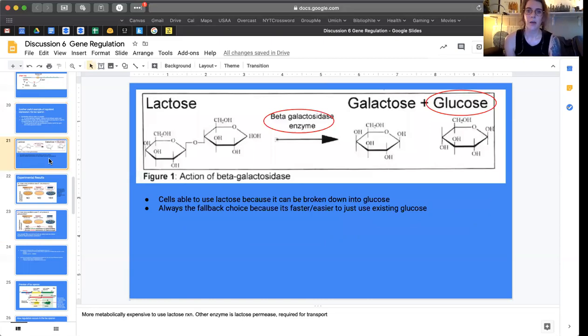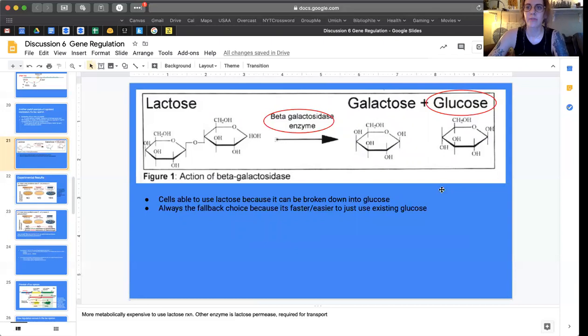Okay, and the reason why lactose is always the second choice compared to glucose as an energy source can be seen from this reaction here. So how lactose works as an energy source for E. coli is that it's broken down by this beta-galactosidase enzyme, which is one of the required enzymes that I was talking about, and it breaks this down into galactose and glucose. So all it is doing is repleting the levels of glucose.